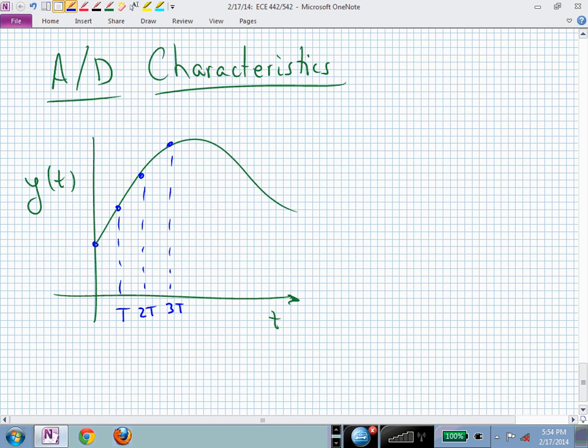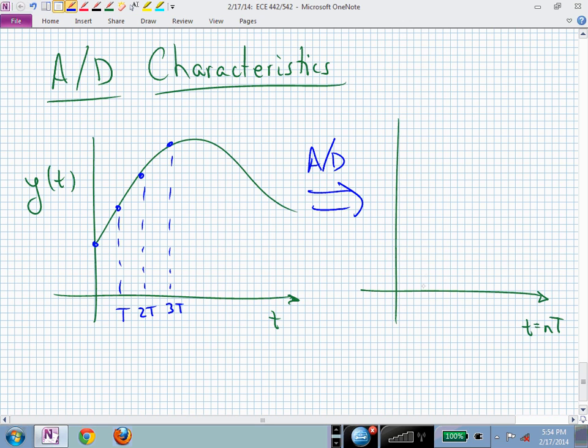But let's say there's T, 2T, 3T. If we now say what happens when we go from this analog waveform to a digital waveform, all we're really doing is taking those blue dots, where now t is replaced by just a sampled set of values on the horizontal axis.